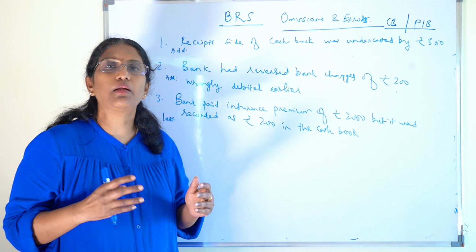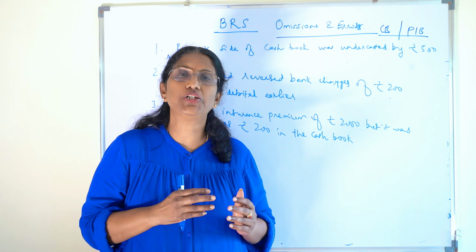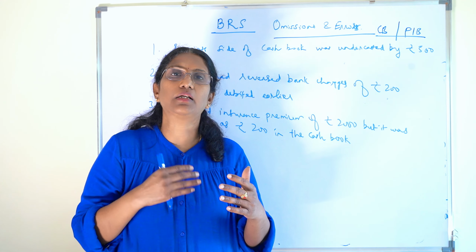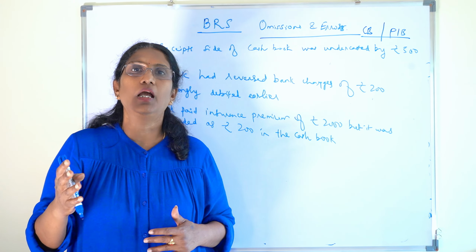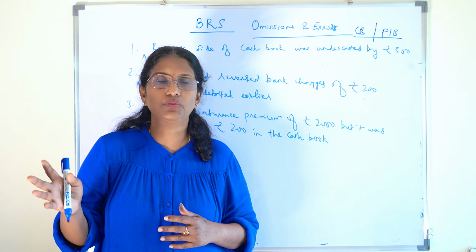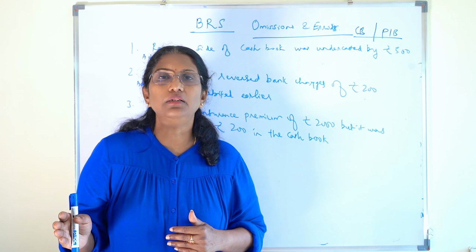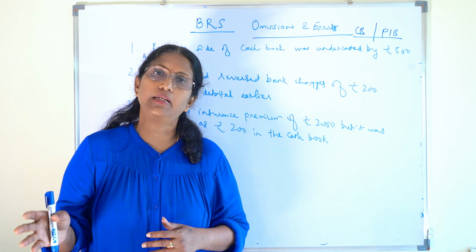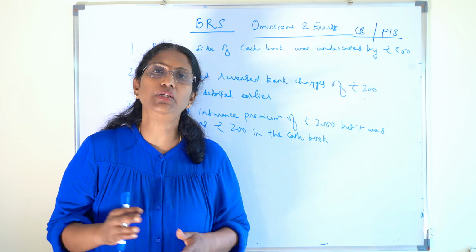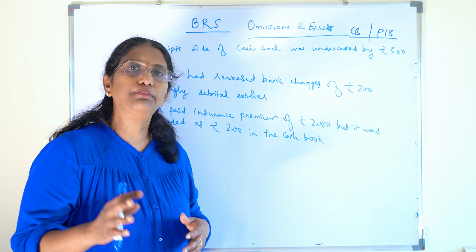Normally there are many omissions or errors: something not entered, something entered twice, something undercasted, something overcasted. In both the books it can happen. But when you match it exactly to what the other book has done, you will arrive at those balances.